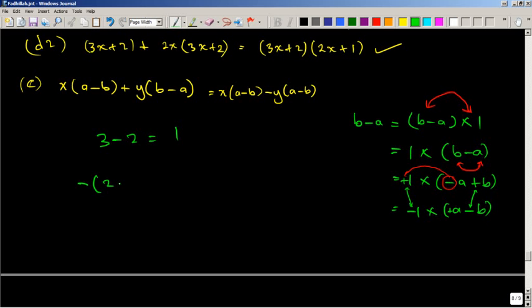If I put minus and 2 minus 3, what is the answer? Minus 1. Okay. This minus here is the same as minus 1 times 2 minus 3. That is basically minus 1.